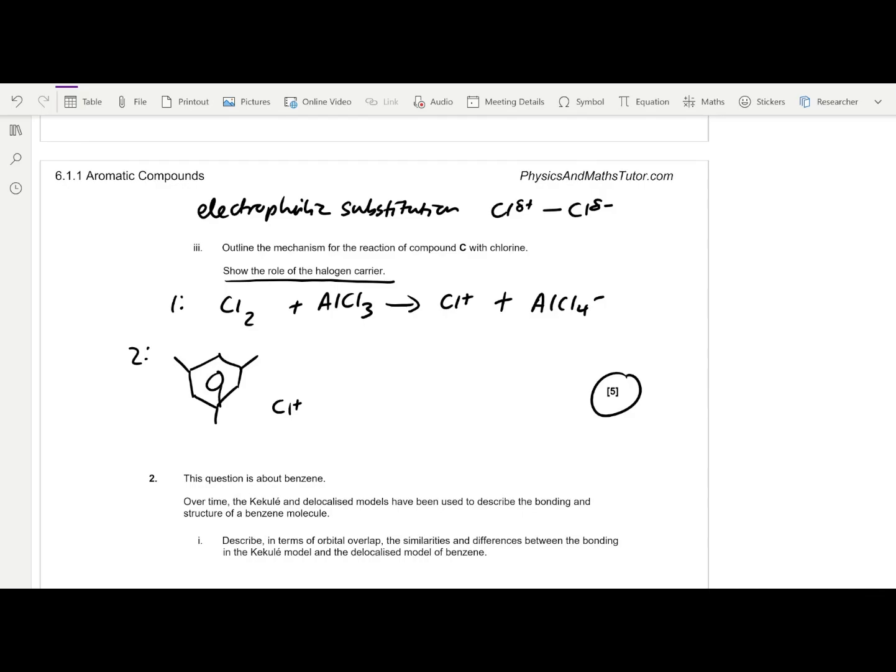We're going to use curly arrows, of course. The electrophile is going to accept the electrons from the benzene ring, which is the definition of an electrophile. I'll just write that down: electrophile, electron pair acceptor.